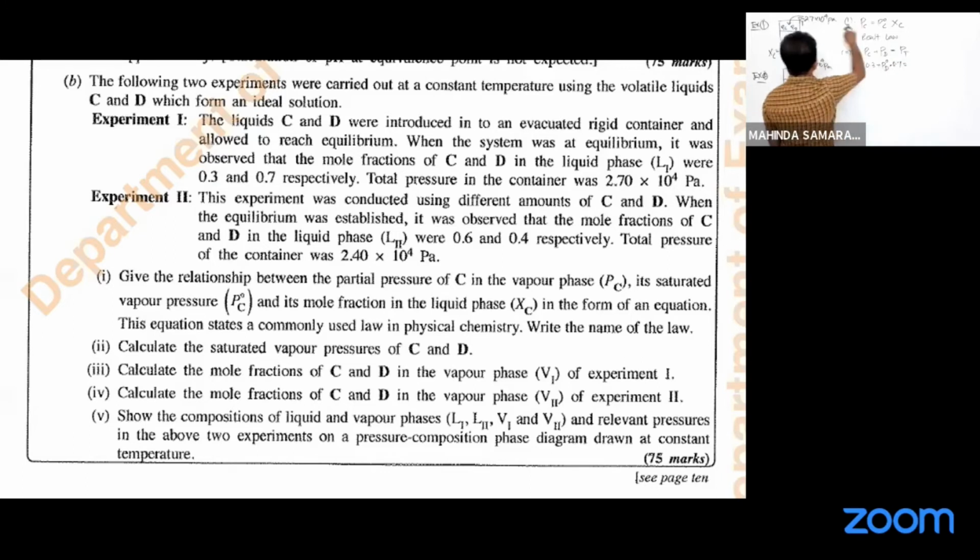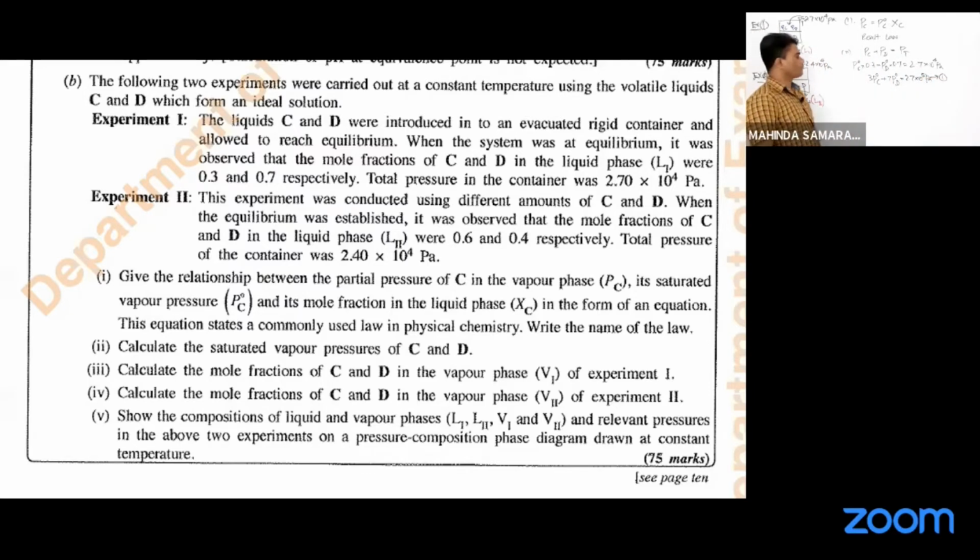That's equal to PT, for the first system, 2.7 into 10 to the power of 4 Pascal. I can rearrange it: 3 over 10, so 3 P naught C plus 7 P naught D equals 10 here, 2.7 into 10 to the power of 5 Pascal. This is the first equation.